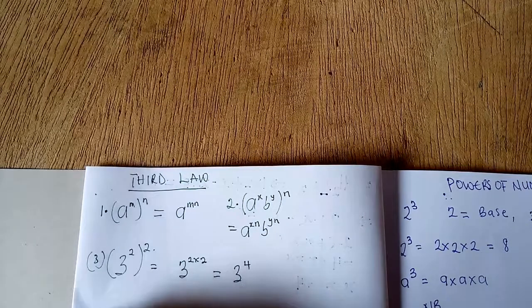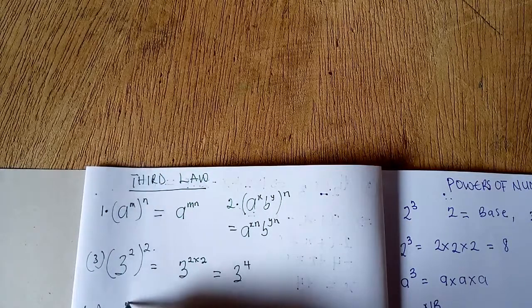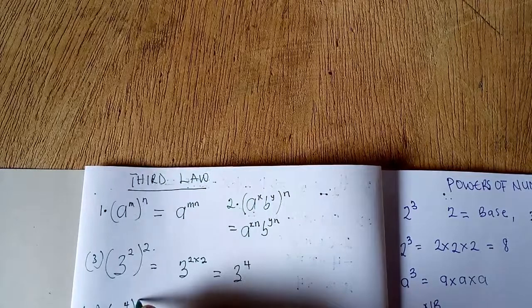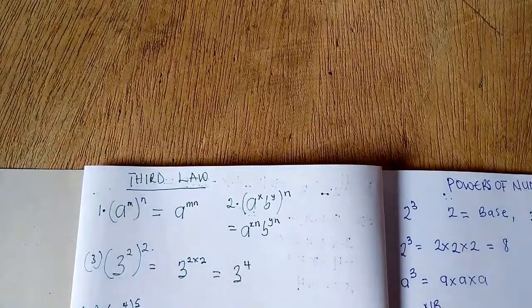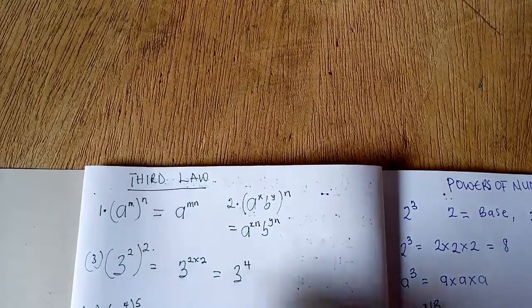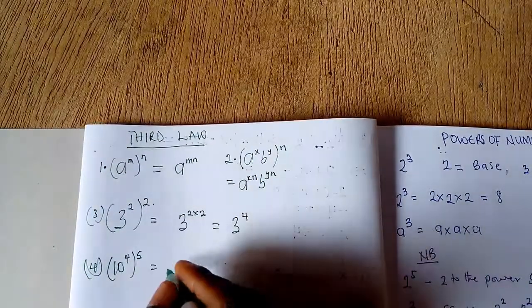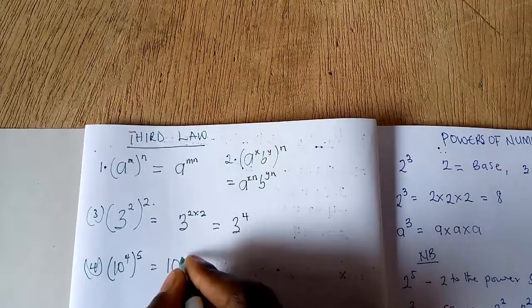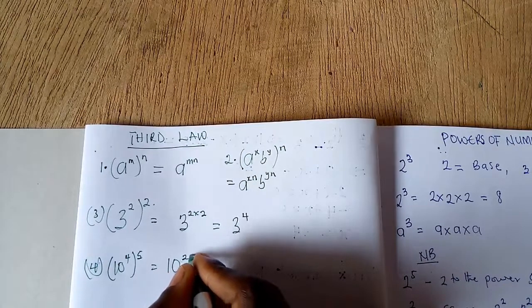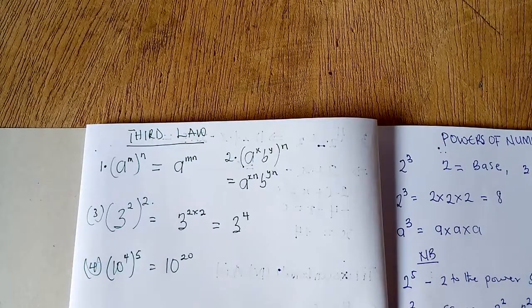Okay, so let's take this one. If I have 10 raised to the power, let's say 4, and then I have another value here, 5, what actually am I going to get? It's going to be 10 raised to the power 20, because 4 times 5 is 20.